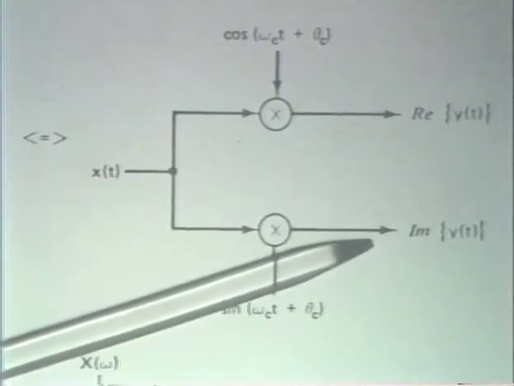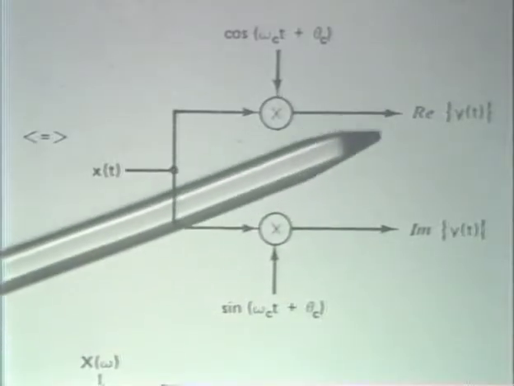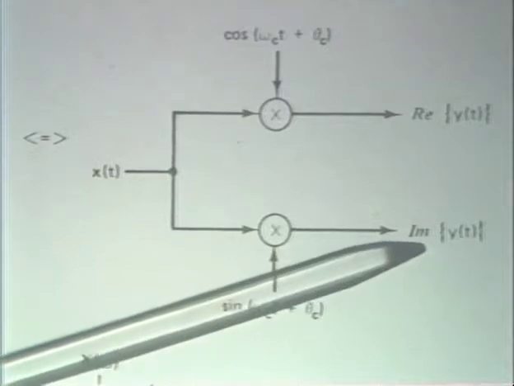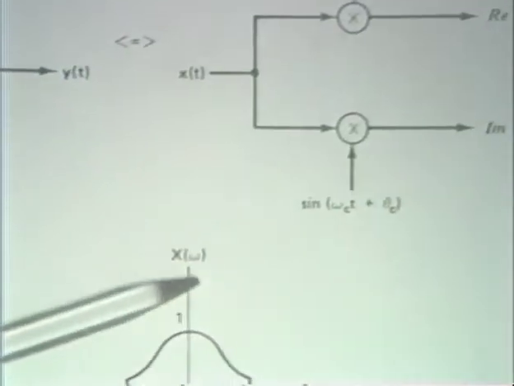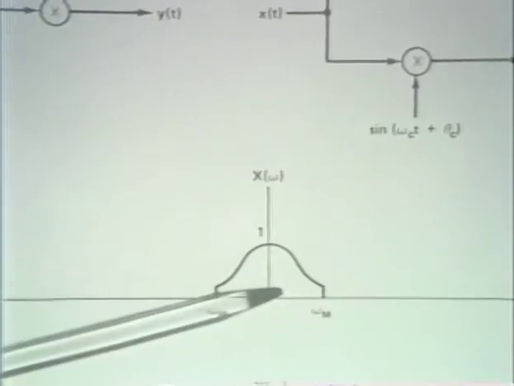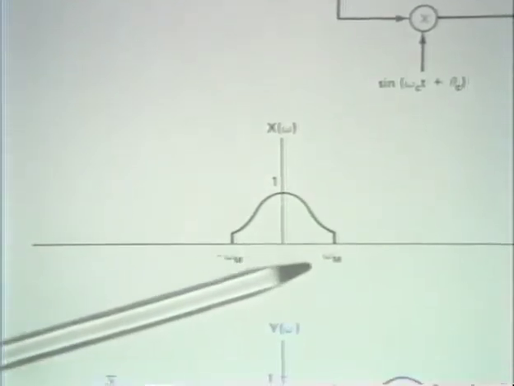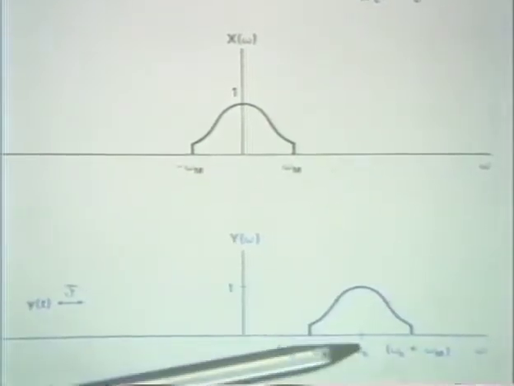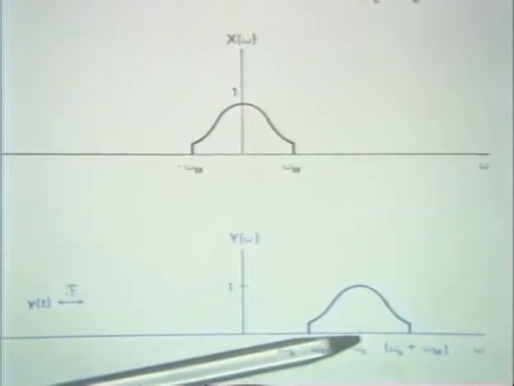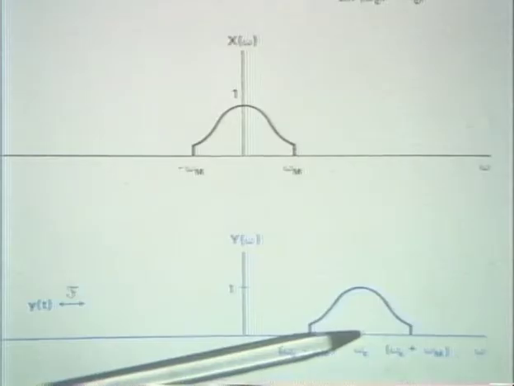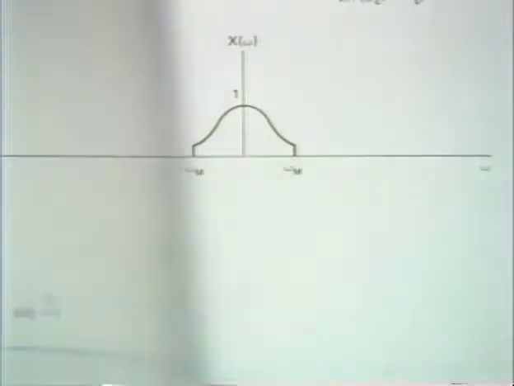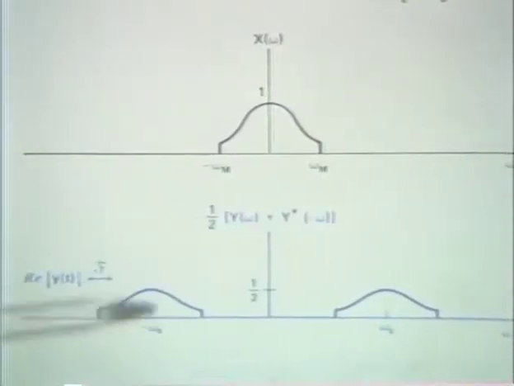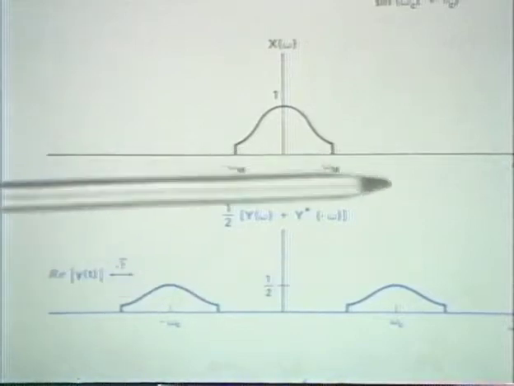And of course, if we look at the spectra involved, we have here the real part and the imaginary part of the complex output. If we, again, refer back to the original spectrum x of omega and the modulated spectrum, which I show down here, the original spectrum shifted up to the carrier frequency, in effect, we're building this out of two lines, one line representing the real part of that, and the real part in the time domain corresponds to the even part in the frequency domain.